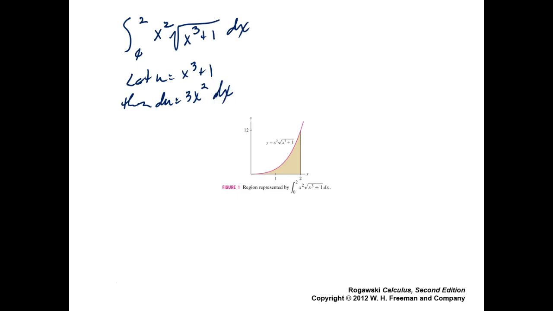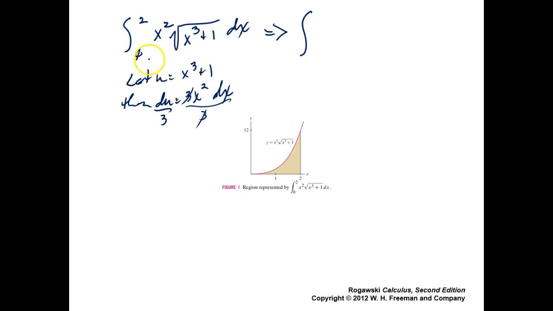Now, we don't quite have what we have up there, so what could we do? Divide by 3. That gives x squared dx. Now, I'm going to change this to u's, and I'm going to change my limits.